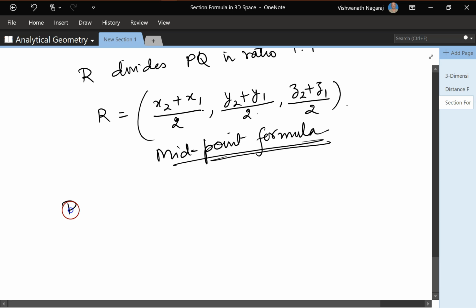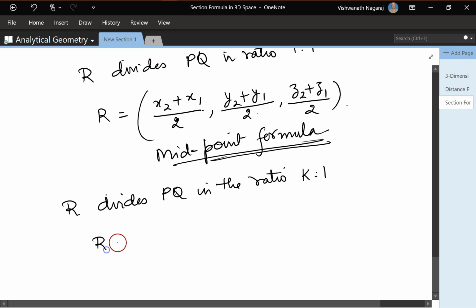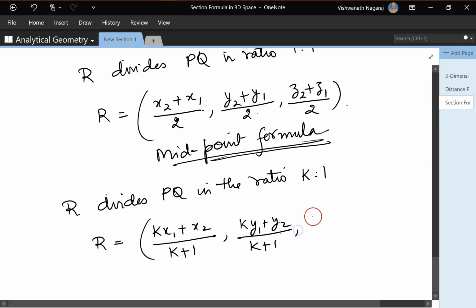Another case could be where R divides PQ in the ratio k:1. Now in this case, R would be equal to kx1 plus x2 by k plus 1, ky1 plus y2 by k plus 1, and similarly kz1 plus z2 by k plus 1.